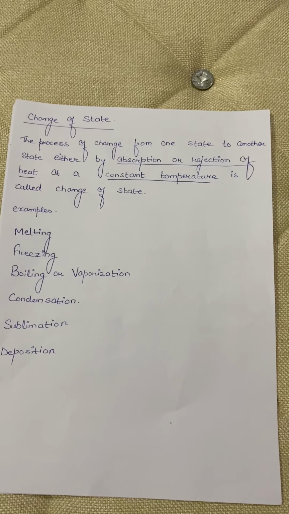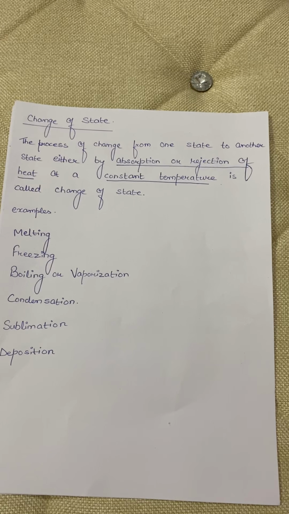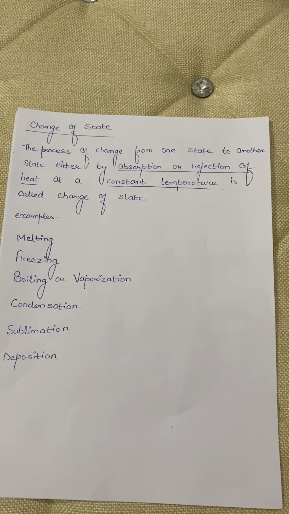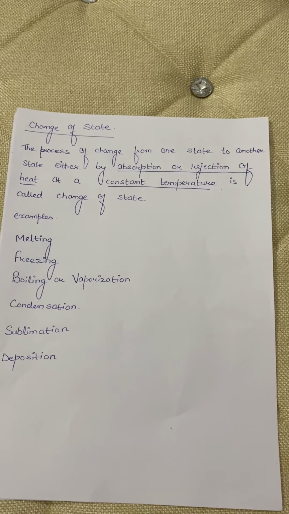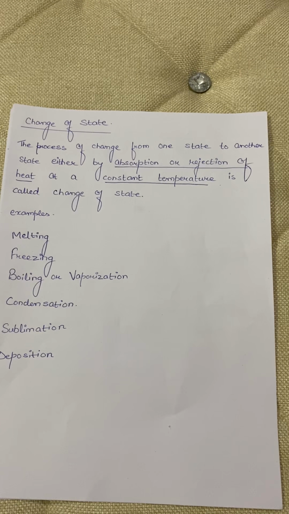Now, two terms are very important over here: that heat energy is either absorbed or rejected, that is liberated, and the second, that it takes place at a constant temperature. Then only this process will be regarded as a change of state.